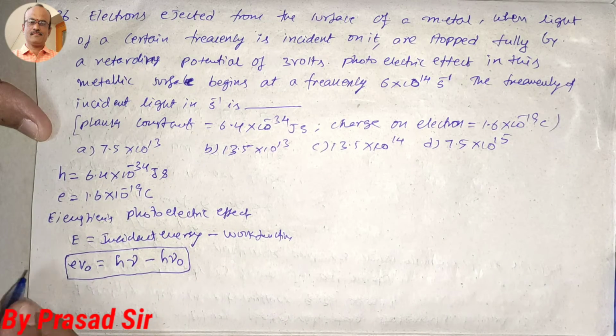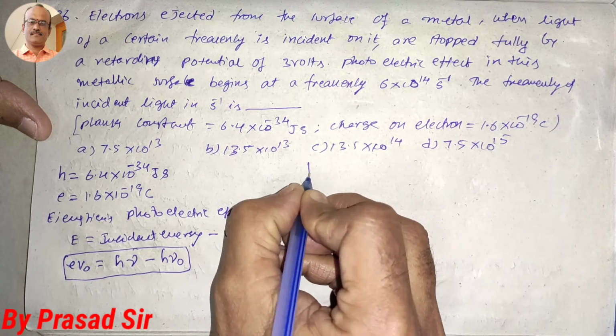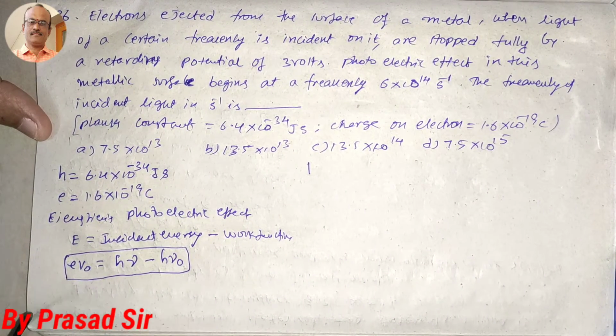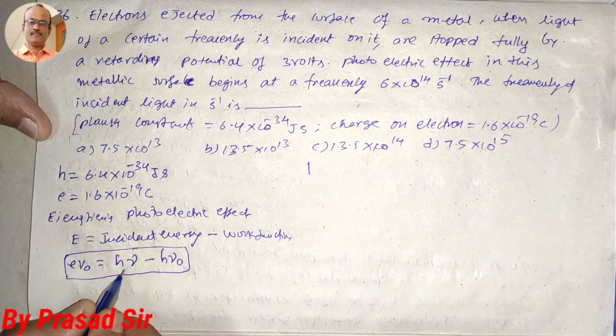When we substitute the values in this case, then we will get the value. Now here this is eV0. Which one do we want to calculate here? Nu, the frequency, is required. So first of all, I will take this one.